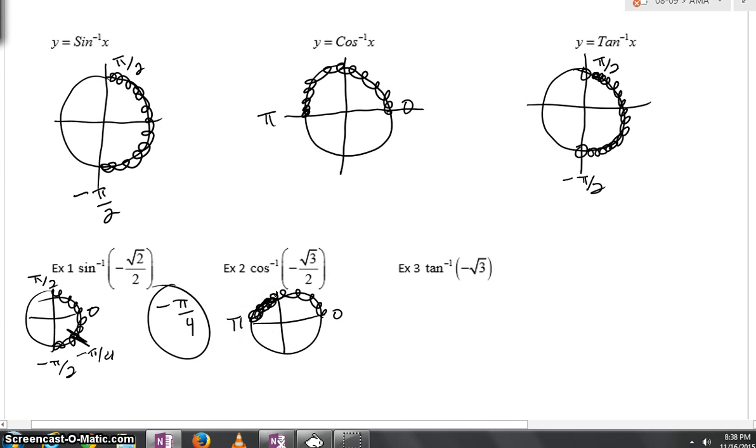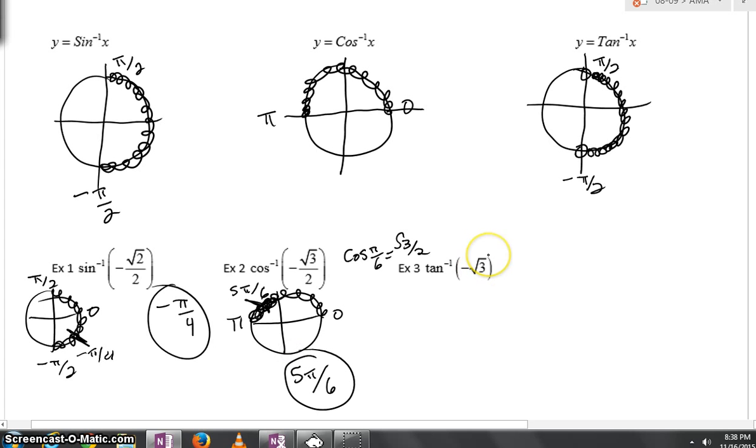Going back to last chapter, the cosine of pi over 6 was root 3 over 2. So a reference angle of pi over 6 will have cosine having a value of root 3 over 2. Of course, in this second quadrant, a reference angle of pi over 6 would yield 5 pi over 6. And that's what our final answer will be.